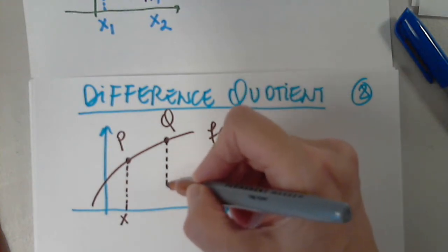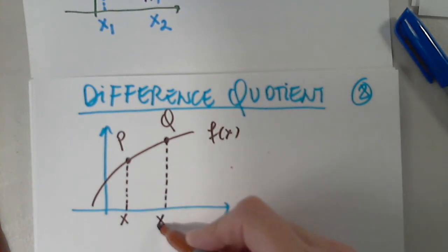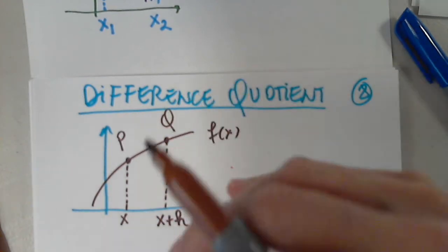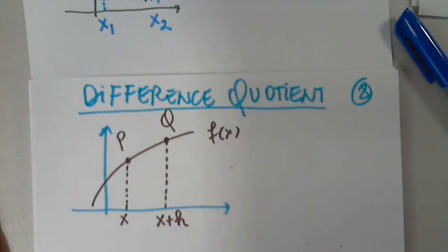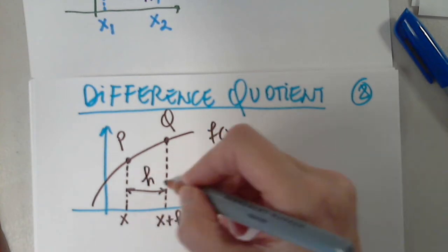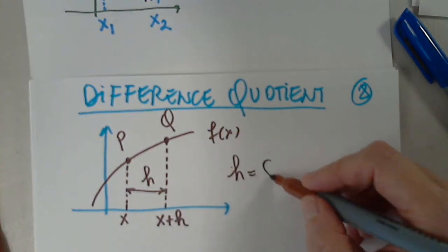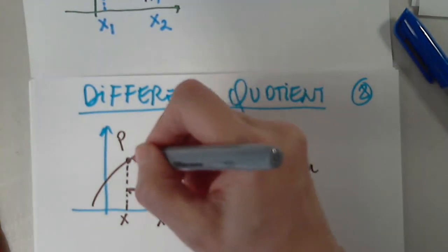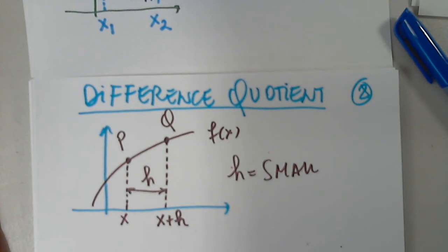And the x coordinate of Q will be x plus a little bit. And you can say this is not a little bit. Assume that I zoomed in so I can explain. This is little h. H is small. A little bit. Small. P and Q are very close to each other.